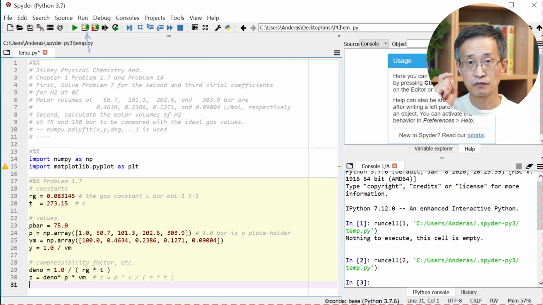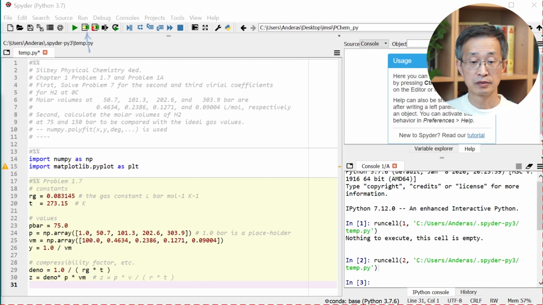Now you remember that the first element in Python is indexed by 0. So Z0 and Y0 have a special value. When Y0 equals 0, then Z0 is 1.